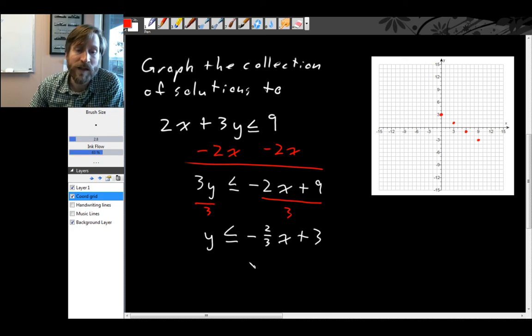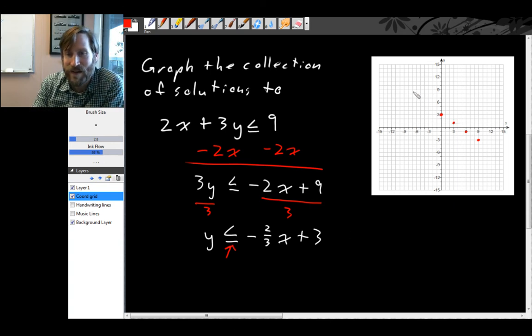Okay, now unlike in the previous example, this inequality is or equal to. It is not a strict inequality. So that means points on the line where the two sides of this are the same, those points will be solutions because the inequality says or equal to is good enough.